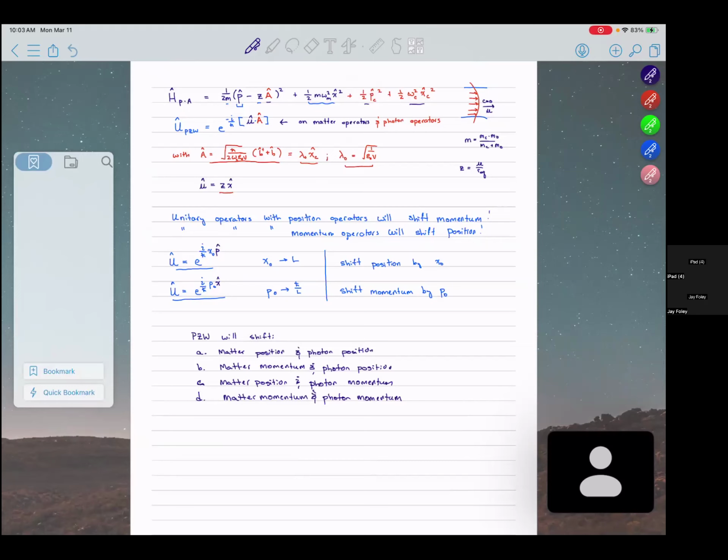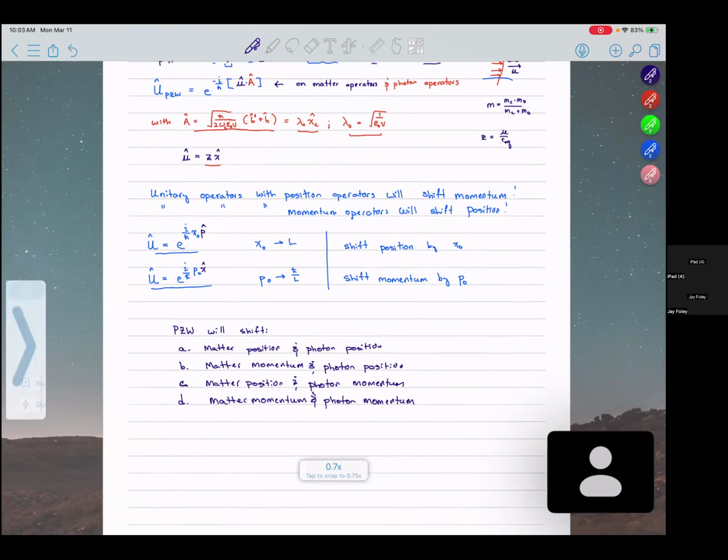Well, let's check it out. What's our rule? Our unitary operators involving the momentum operator will shift the position. The unitary operators involving the position operator will shift the momentum.